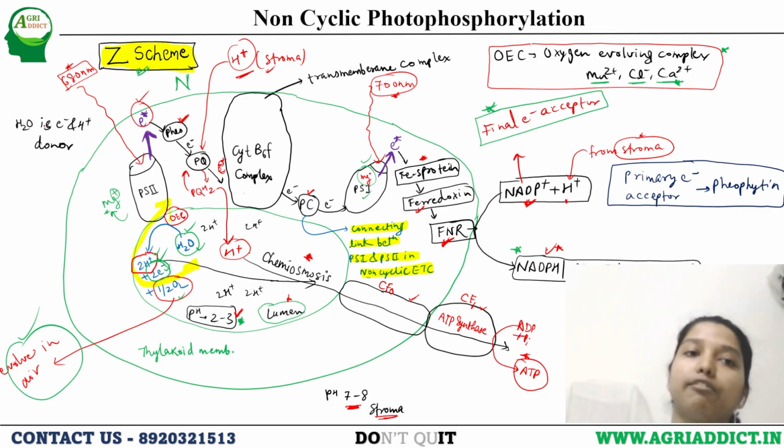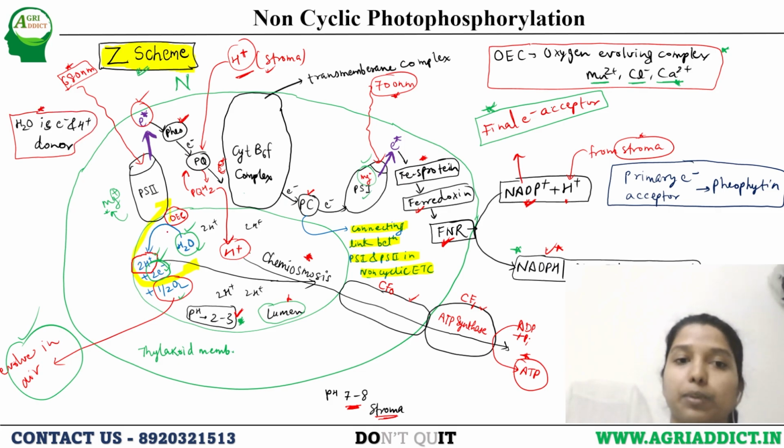Here one note is that H2O is the electron and hydrogen donor. This we have already studied. Here H2O is getting split in the presence of light, giving 2H plus, 2 electrons and half O2, which is released into the air. Now, the primary electron acceptor is pheophytin. Sometimes in questions the pheophytin option is not given.